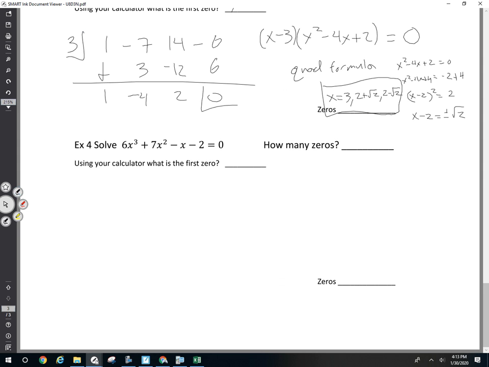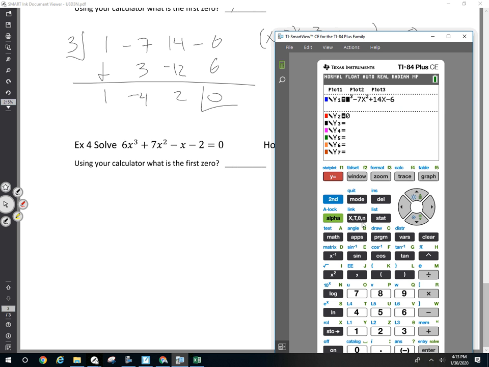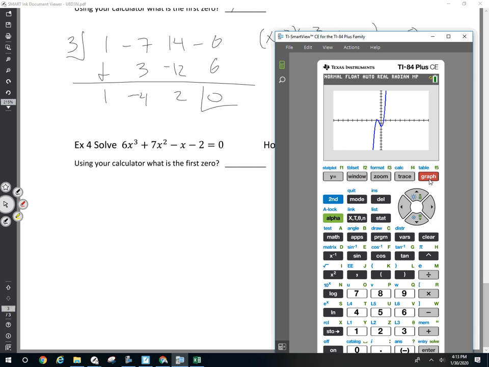And here's the last one. I'll start by graphing 6x cubed plus 7x squared minus x minus 2. I got a 0 at -1, and it looks like something close to 1.